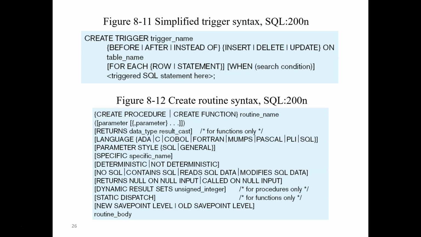This slide shows the syntax for the create trigger, create procedure, and create function commands. Writing routines and triggers is beyond the scope of this course and will be covered in a more advanced course on SQL. But you probably need to know how to call a procedure as a user of the database system.